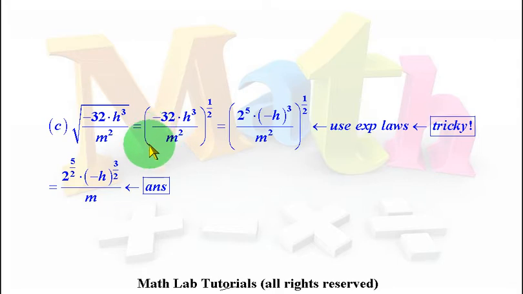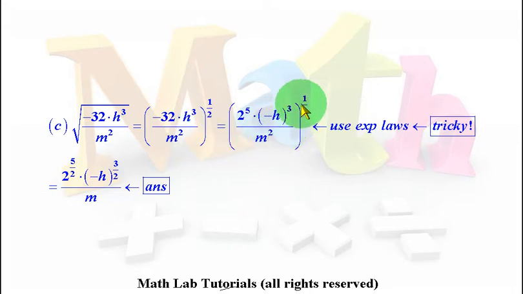Anyway, the first thing I do is get rid of the radical. The argument goes inside the brackets, and the square root becomes a power of 1/2. No problem there. Then I notice that 32 can be written nicely as 2 to the power 5. The minus sign I couple with the h, and I rewrite minus h cubed as minus h all cubed, and then the bottom is just transferred over.